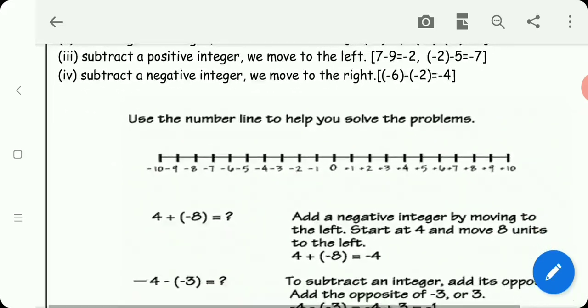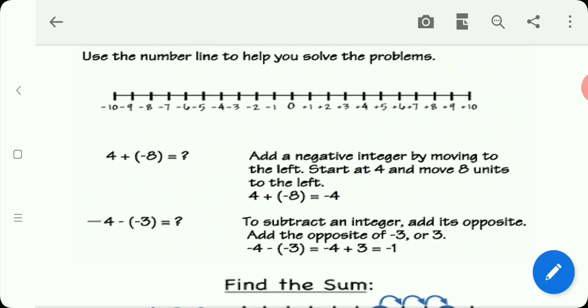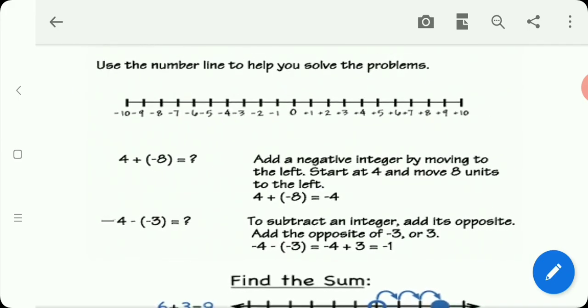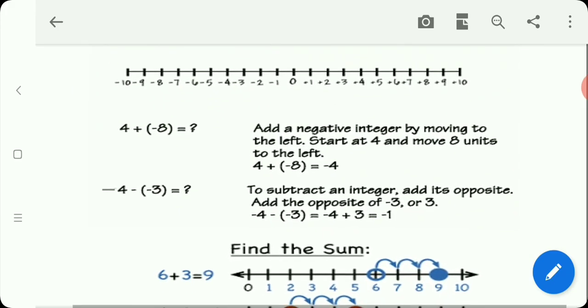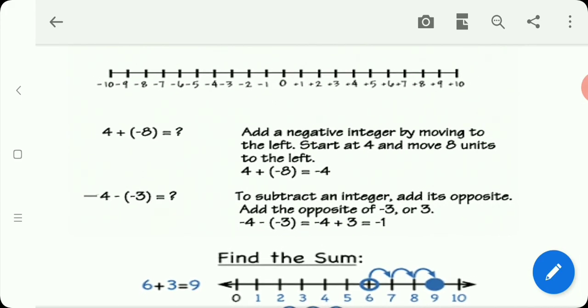Now, see, by using this number line, the question I have taken is 4 plus minus 8. What is the answer? Already we discussed this. Here you have to add a negative number.